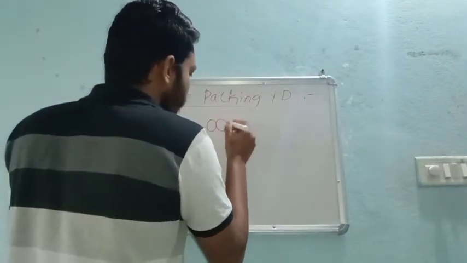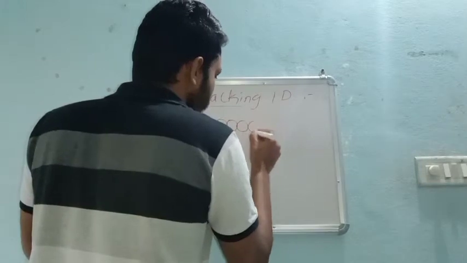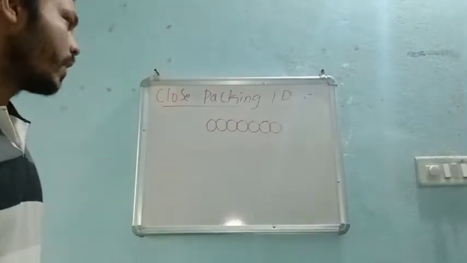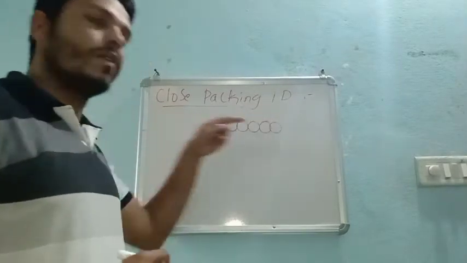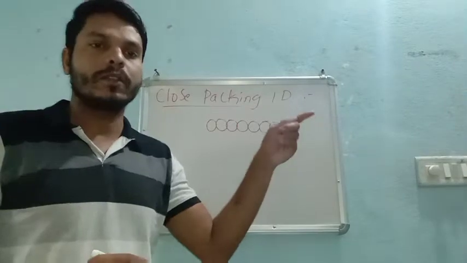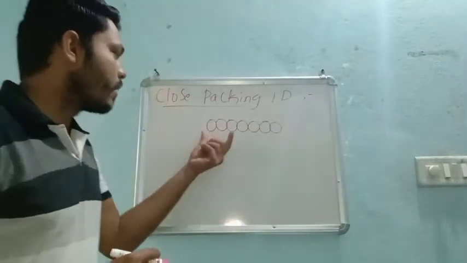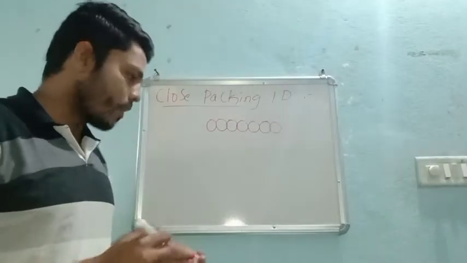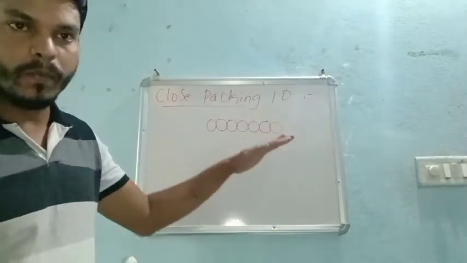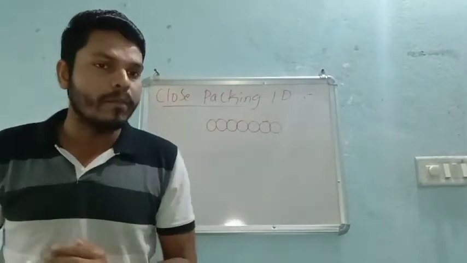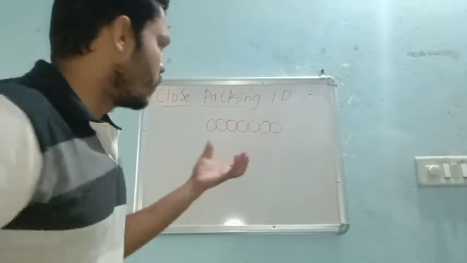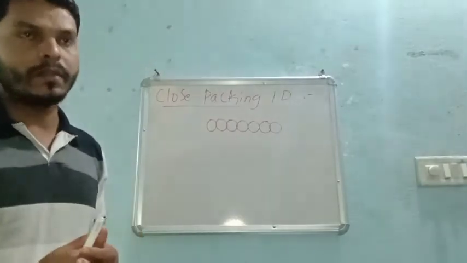Just now we had a diagram, the same thing will appear here. Why? Because one dimension means we can arrange these atoms in only one row. So that is very important. So in one dimension, the constituent particles can be arranged in only one row. So now what is very important for you to remember here is what is the coordination number, right?